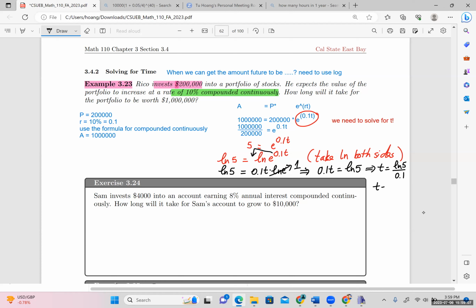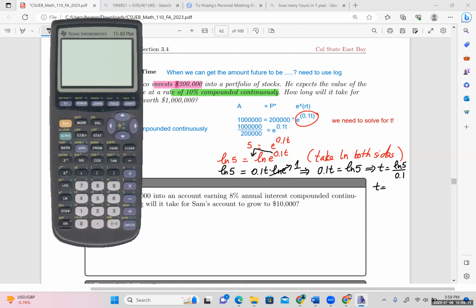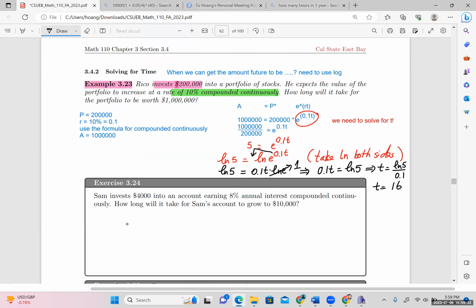So then t will be equal to, use calculators now. ln 5, right? ln 5 divided by 0.1. Done. 16, I'm gonna say 16 years, right? So 16 years.